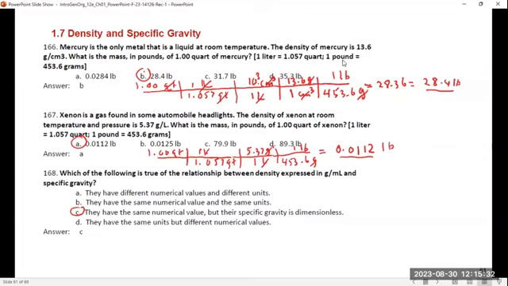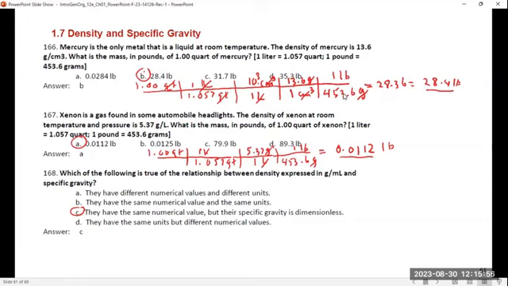and liters to centimeter cube, so the units cancel out. Here we start with that 1 quart.